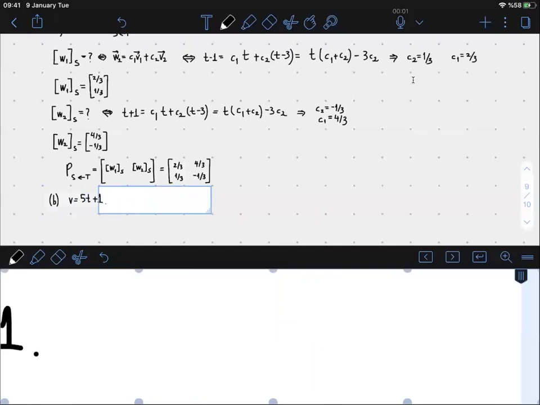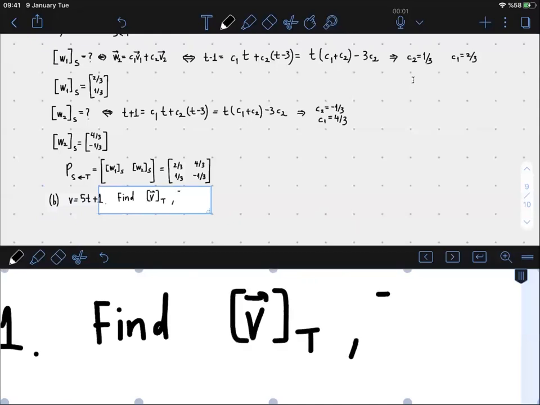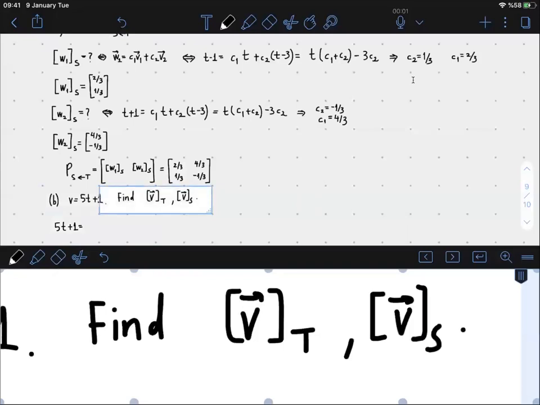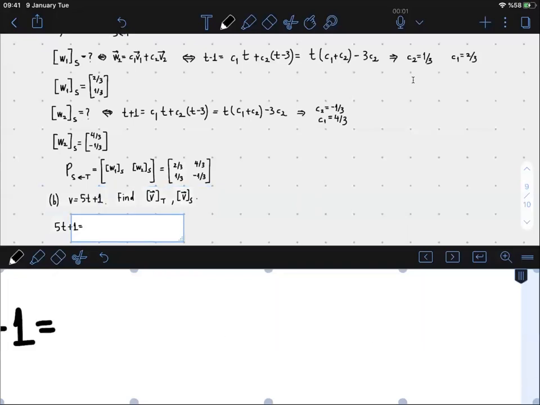Now, first, let's find T and Vs. Let's find these things. So how do we do it? So let's write 5t plus 1. Now I want to compute it. I want to compute Vt. What does this mean, Vt?